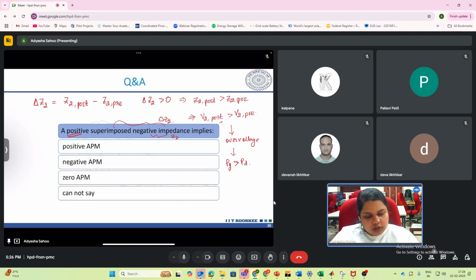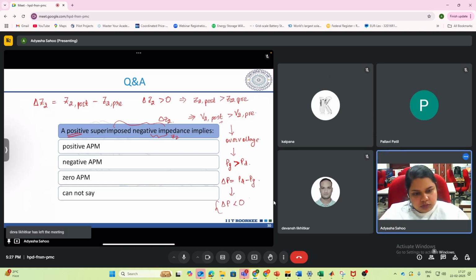So if generation is greater than demand, then what will be the active power mismatch? Will it be positive or negative? It will be negative, right? So hence a positive superimposed negative impedance will imply a negative active power mismatch.